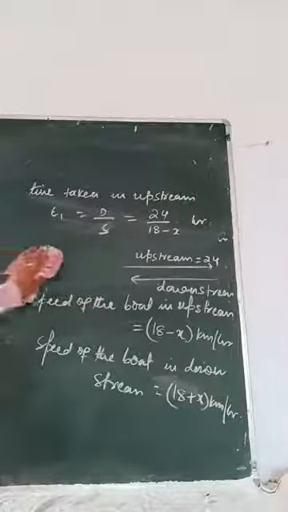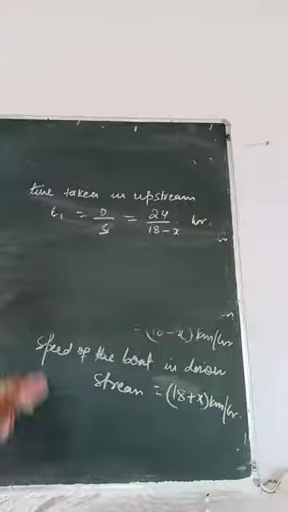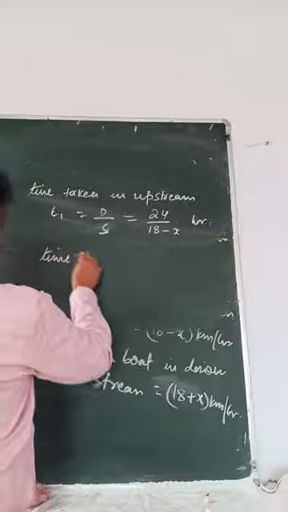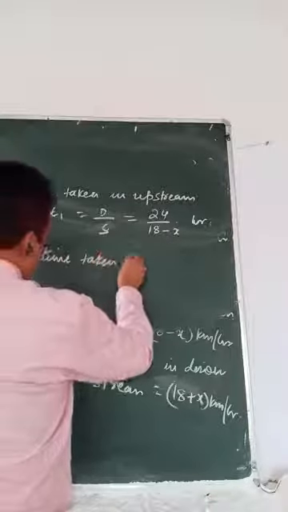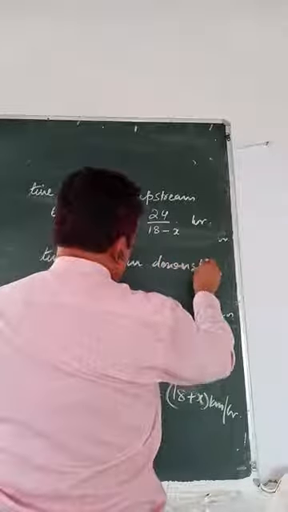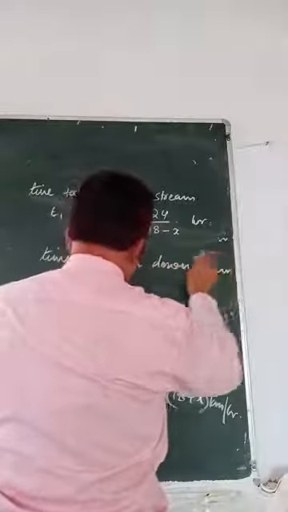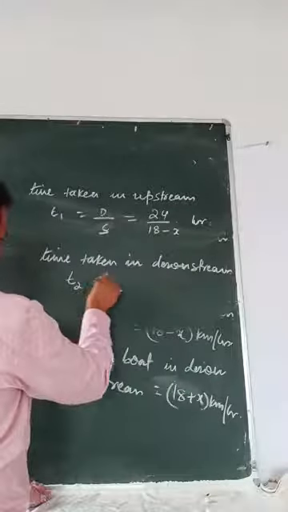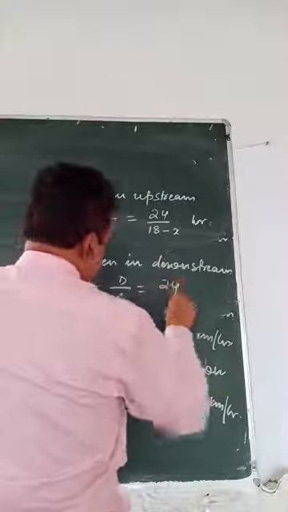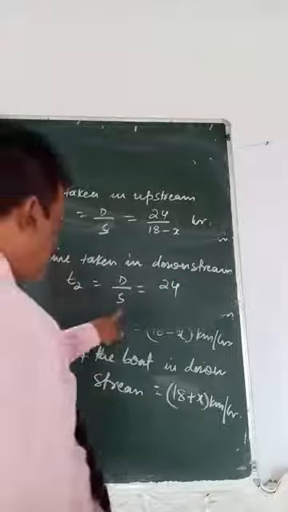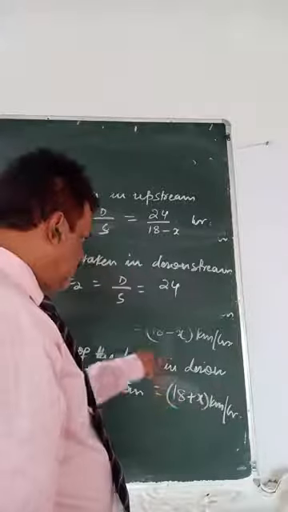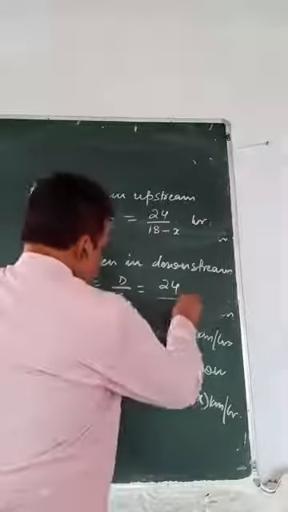Similarly, time taken in downstream, that is T2. That is distance by speed. Here the distance is same. So speed is 18 plus x.